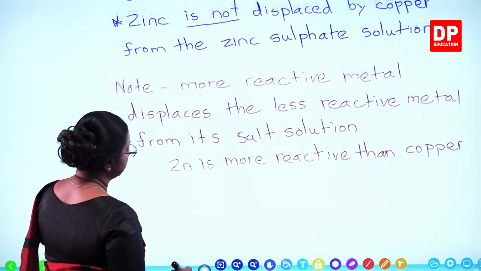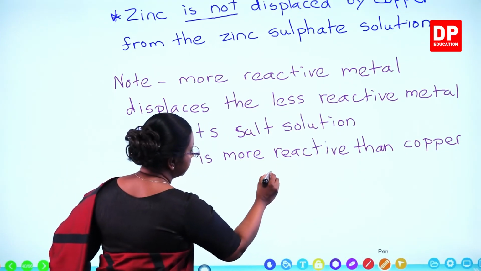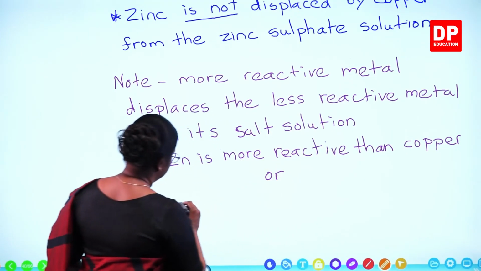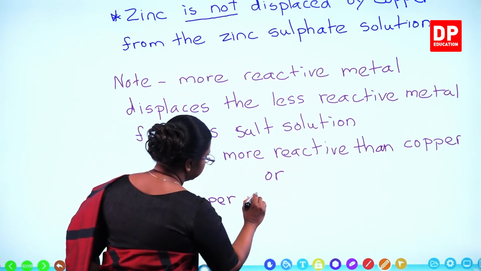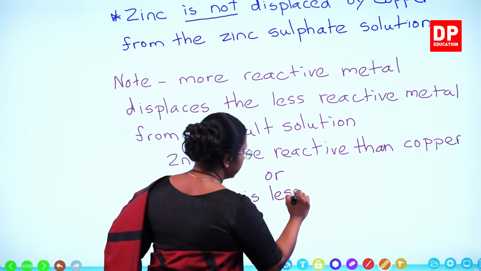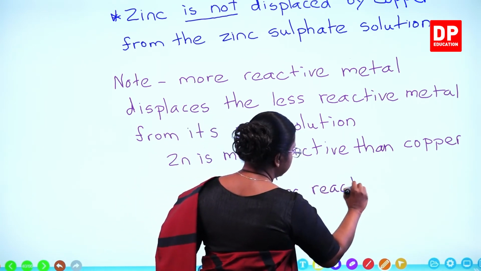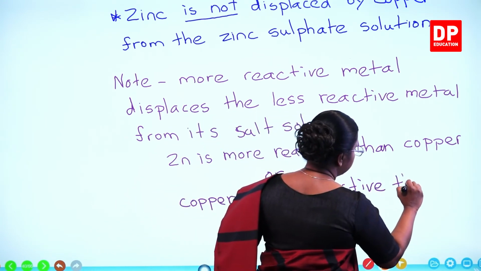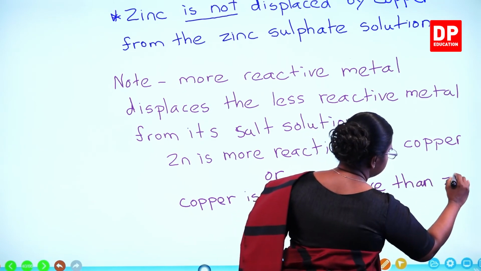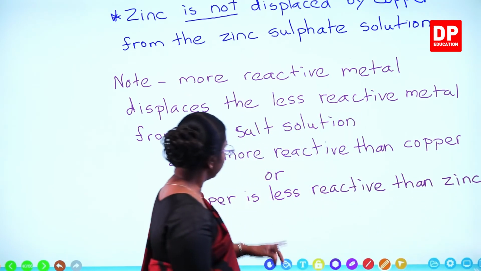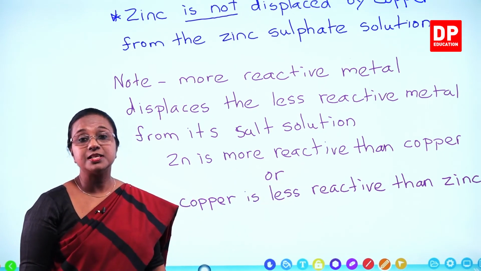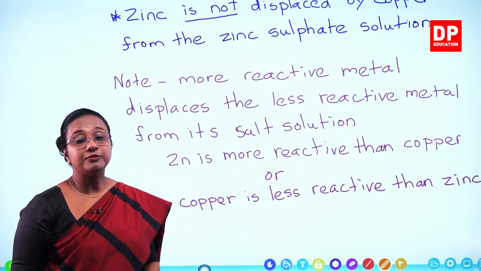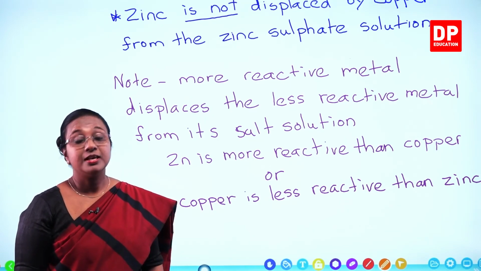Or in other words, we can say copper is less reactive than zinc. That is why copper is unable to displace zinc from its solution. You have to remember that, students. Is that clear?